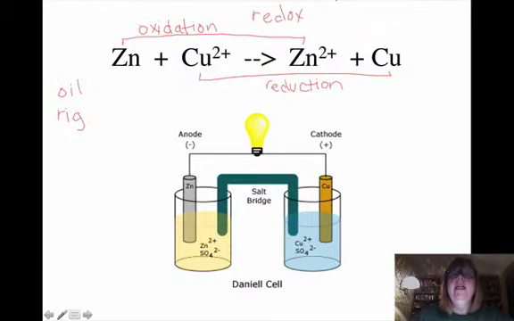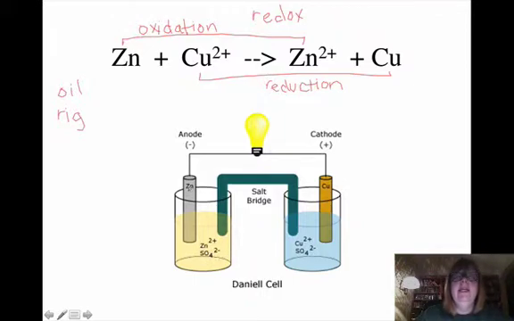All right, now, down here we have a zinc electrode. It's a piece of zinc metal, and we have a piece of copper, and that's our other electrode. Now, the zinc is being oxidized, and that zinc is in a solution of zinc something, and here it's just zinc sulfate.